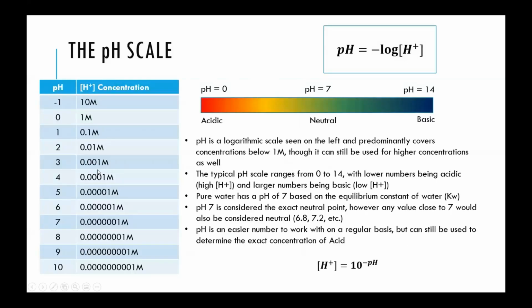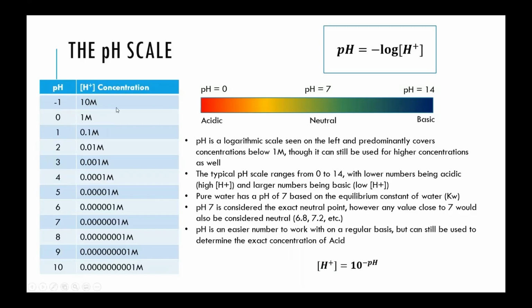While this is the typical range from 0 to 14, there can be acids that have a lower pH than 0, and this is all based on concentration. The pH scale is a concentration scale, which can be seen here. If you have a concentration of 10 molar, then the pH of the solution would be -1.